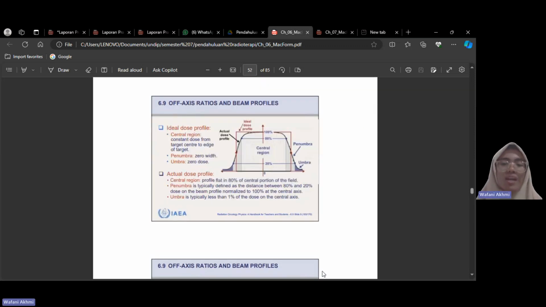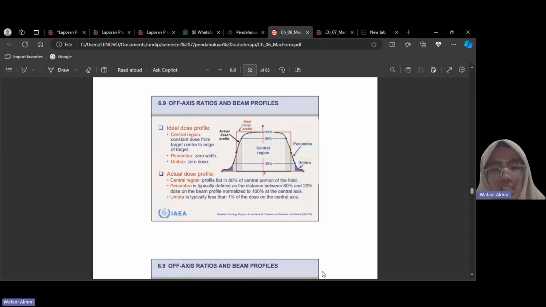Ideal dose profile: central region, constant dose from target center to edge of target; penumbra, zero width; and umbra, zero dose. Actual dose profile: in the central region, the profile is flat in 80% of the central portion of the field.